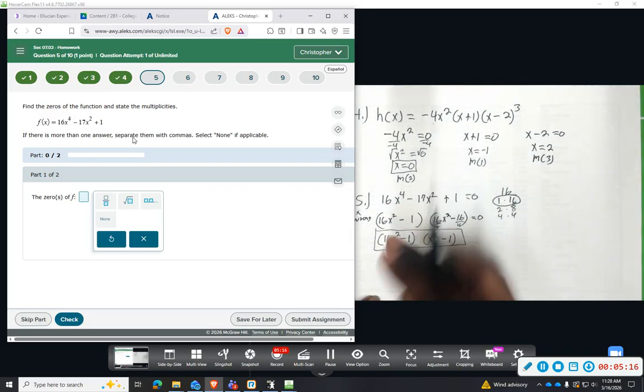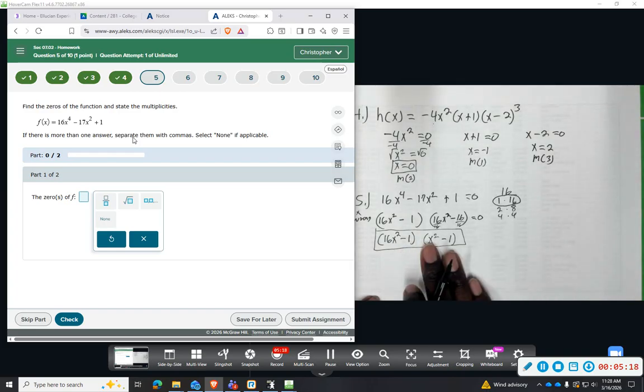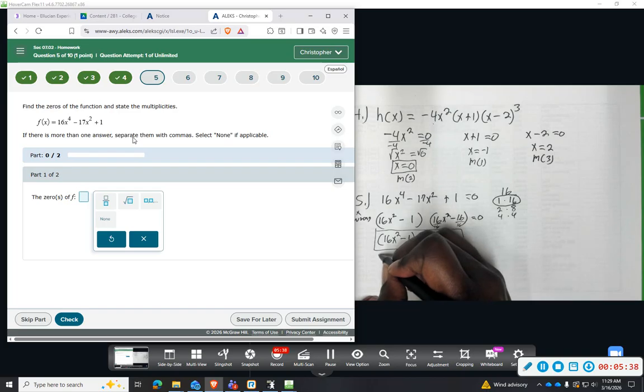Now this is not the answer. We had to get it in factored form so that we could find the zeros and state the multiplicity. What you might notice is that these two terms are perfect squares and we are subtracting. So we're going to do the difference of squares and factor this to find our zeros. So the square root, we're doing the difference of squares.